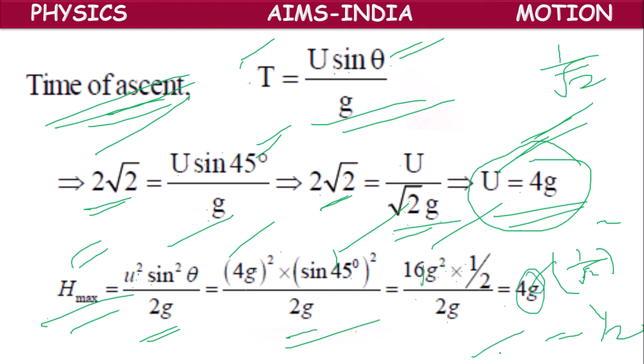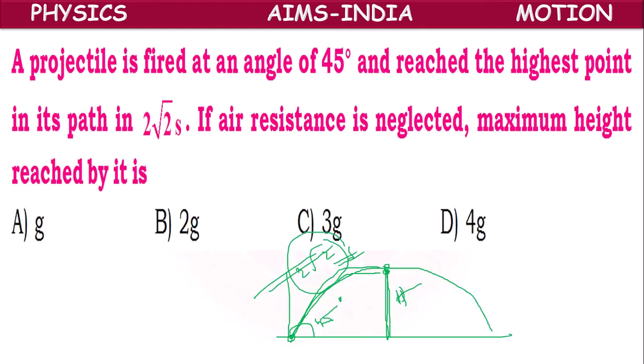Only 4g will remain. So answer 4g, D option is the correct option.